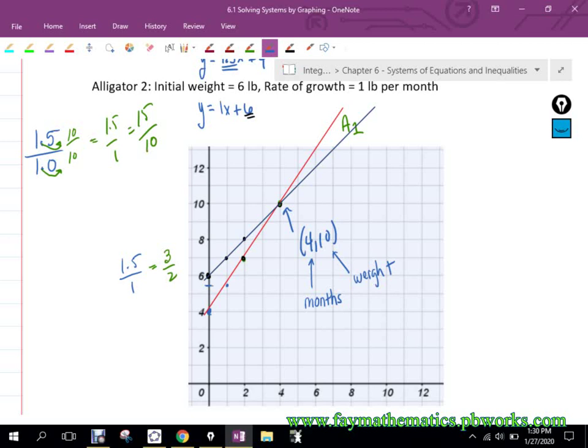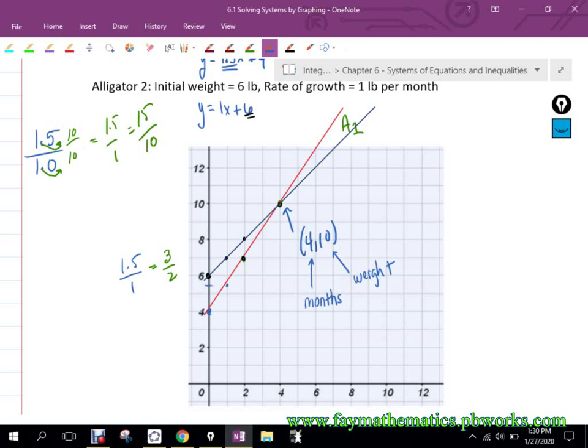Okay. So the idea, if we go back to the membership costs, to the left of 4 months would say that maybe the membership is more expensive and paying per session is better. But then after 4 months, the membership is better and paying per session is more expensive.